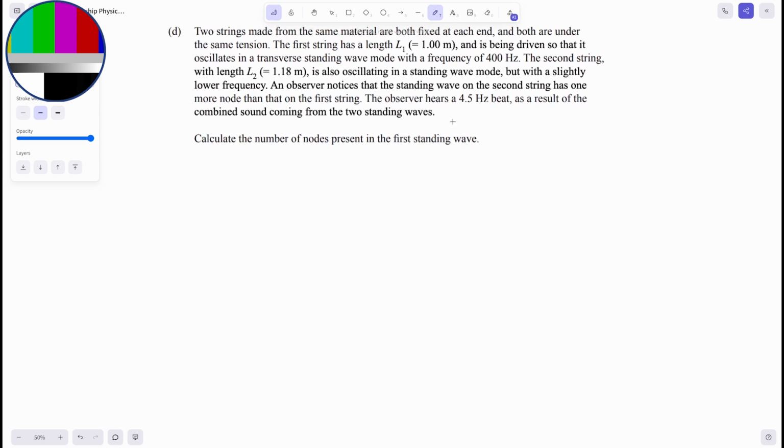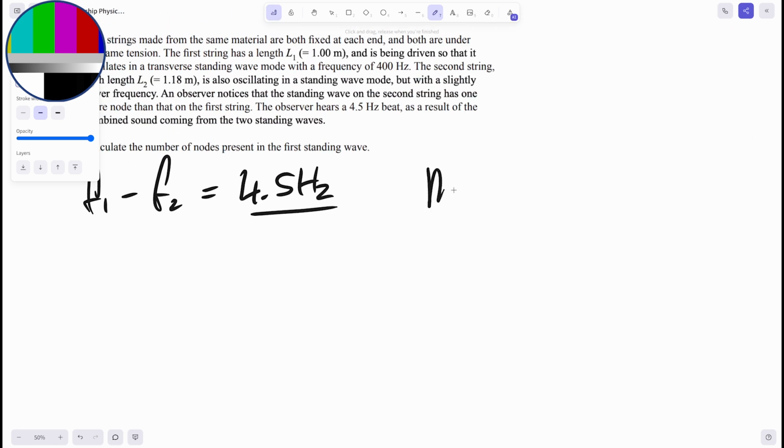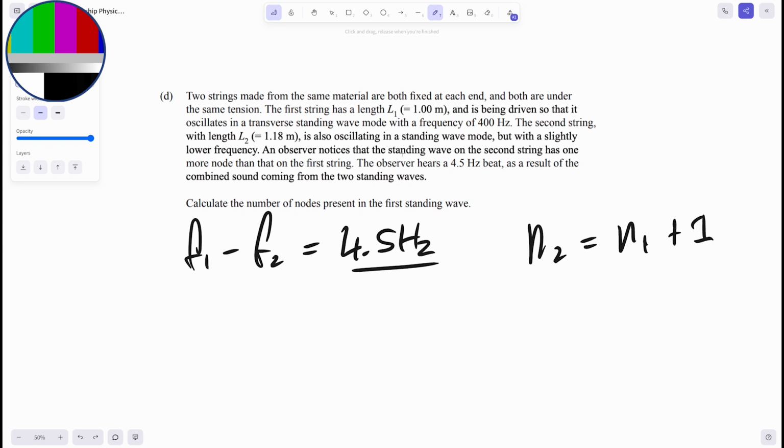So first things first, we see that the observer hears beats, and therefore F1 minus F2 is equal to 4.5 Hertz, right? Because the beat frequency is the difference between the two frequencies. We also know that N2 is equal to N1 plus 1, because the observer notices that the second standing wave has one more node than the first standing wave.